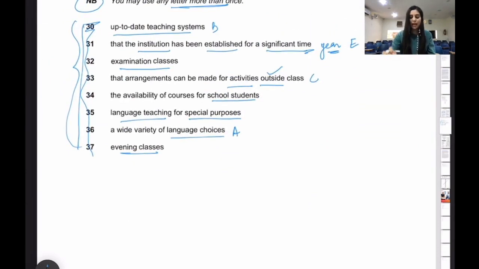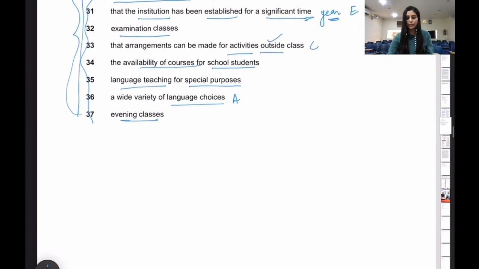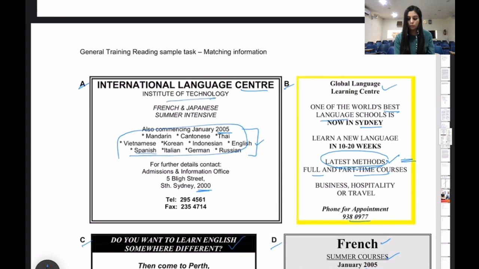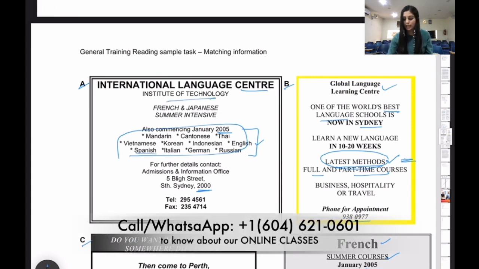Now we are left with examination classes, availability of courses for school students. So the keyword here would be school students, special purposes and evening classes. So examination classes, let's look for that. Any mention of exam in A? No. No mention of exam here.